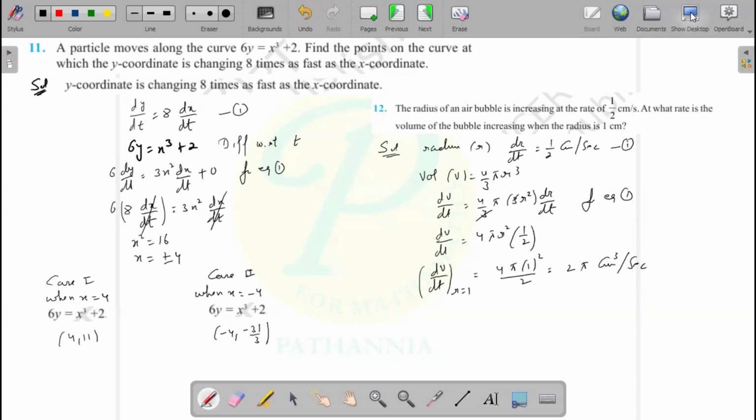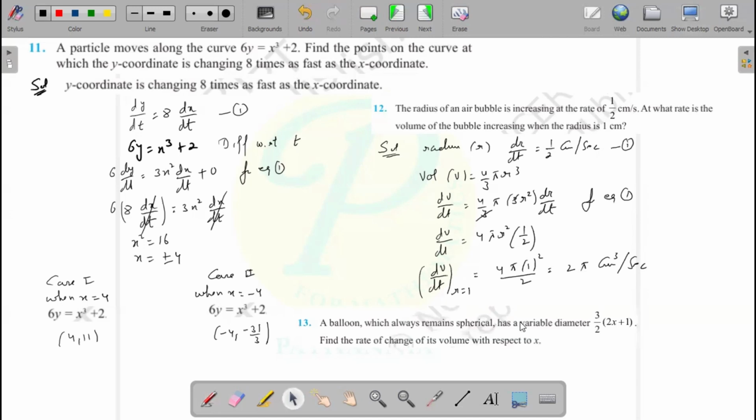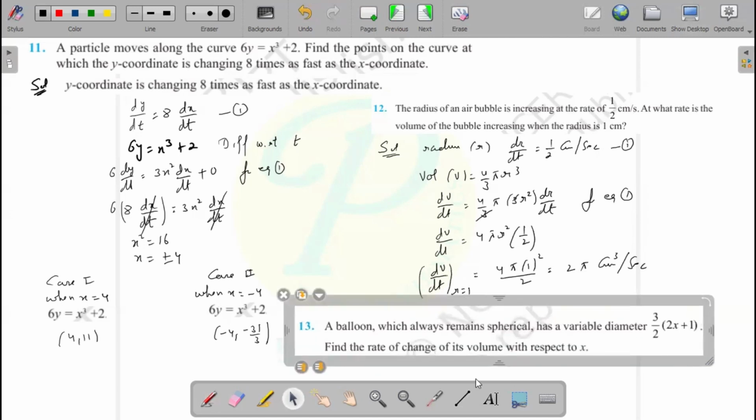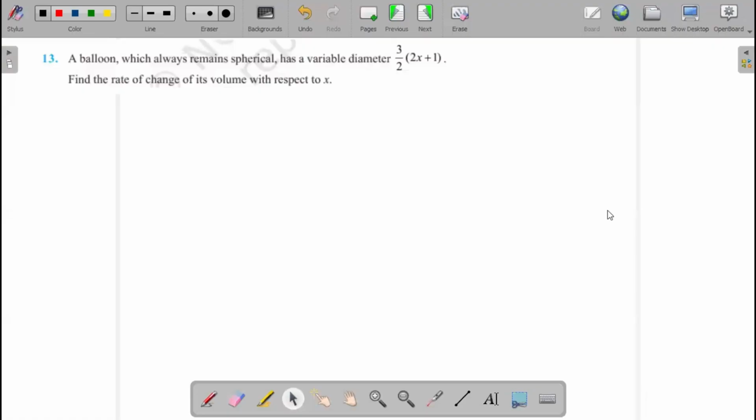Now the similar one is again a question having a weightage of 1 or 2 marks from your NCERT. एक मिनट. A balloon which always remains spherical has a variable diameter. So radius is three upon 4 into 2x plus 1.